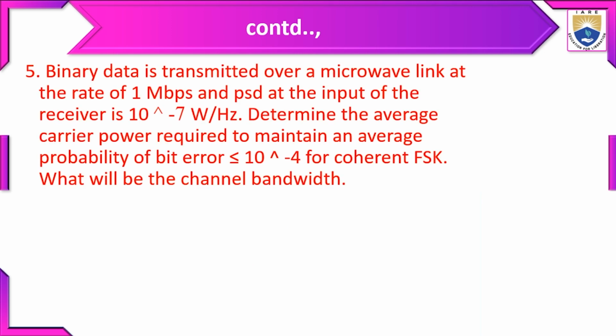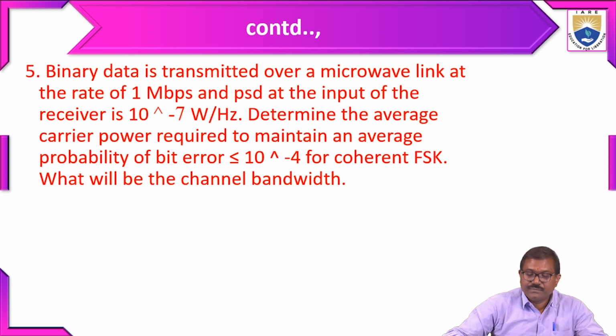Now fifth one. So the fifth one, the binary data is transmitted over a microwave link at the rate of 1 Mbps and PSD at the input of the receiver is 10 power minus 7 watts per hertz.